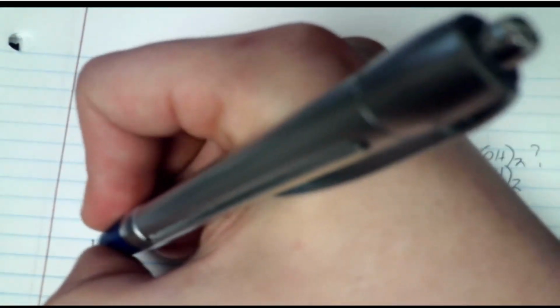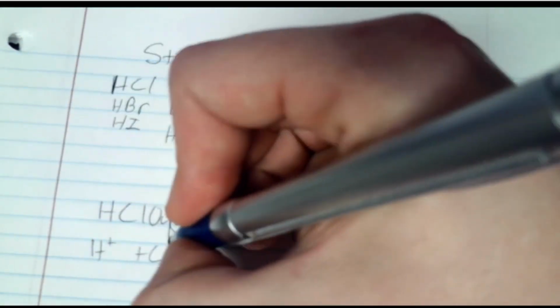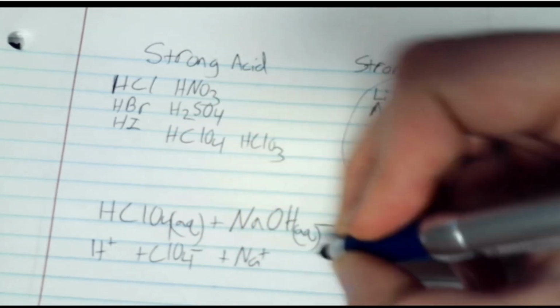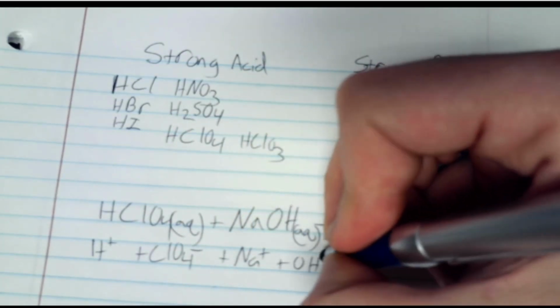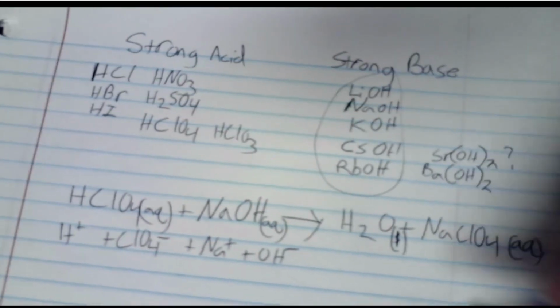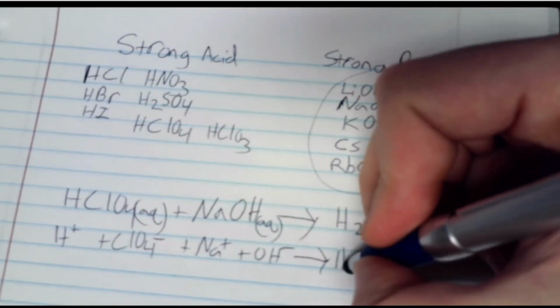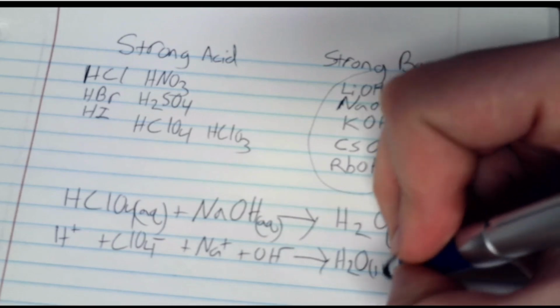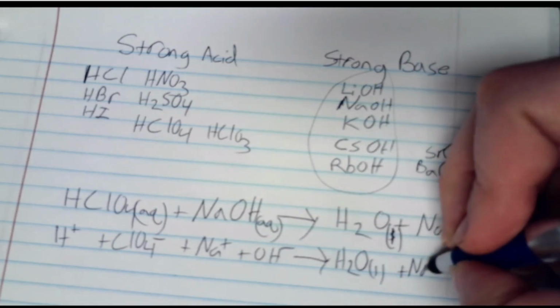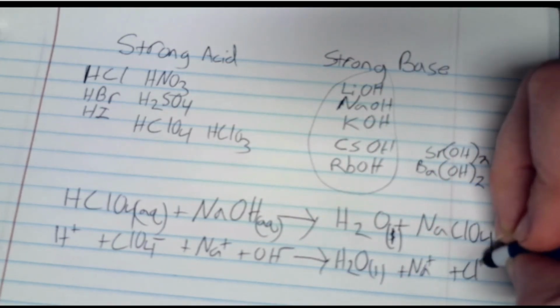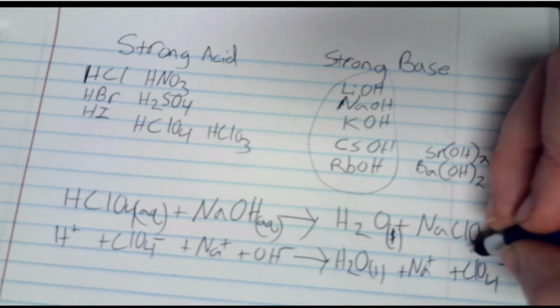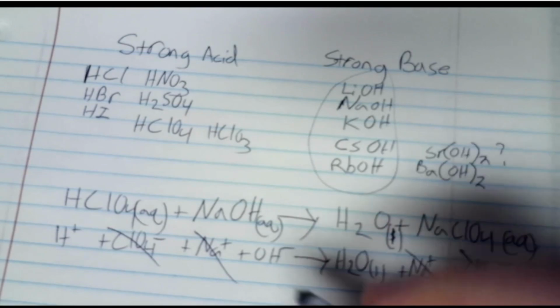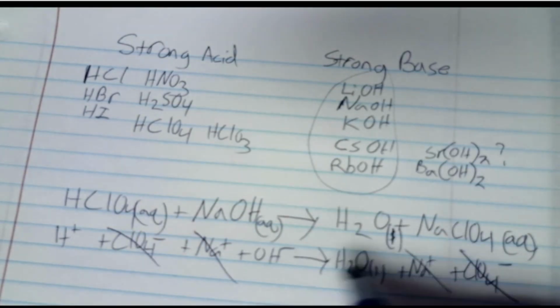First, let's do the total. H plus, ClO4 1 minus, Na plus, OH minus. The key, remember, is water stays together. Na plus and ClO4 minus. Chlorate cancels chlorate. Sodium cancels sodium. H plus and OH minus goes to water.